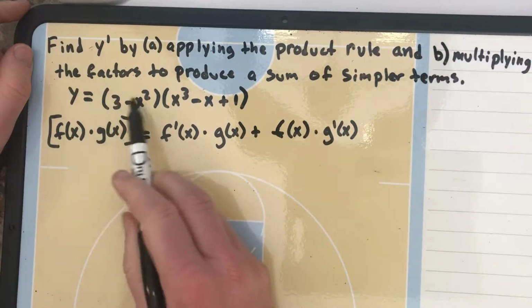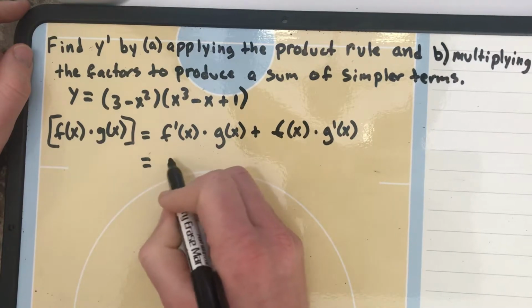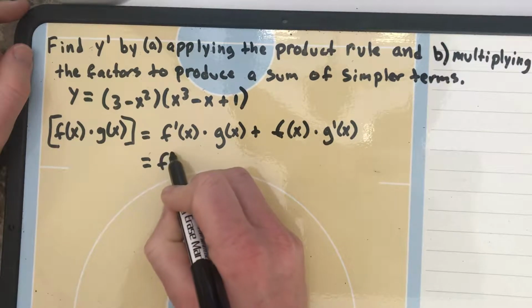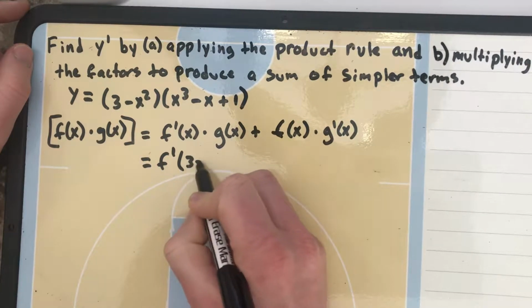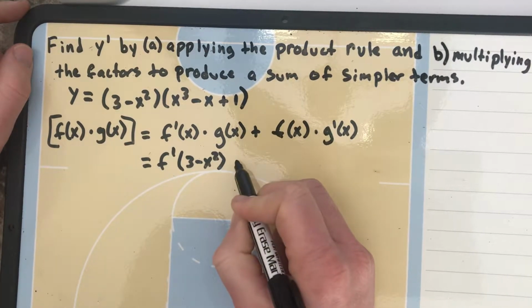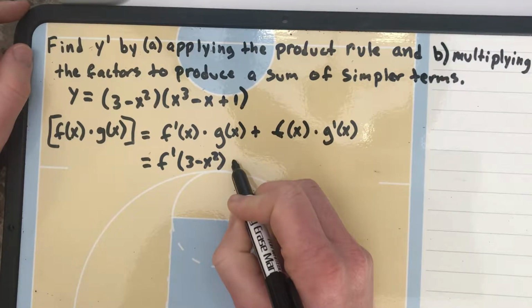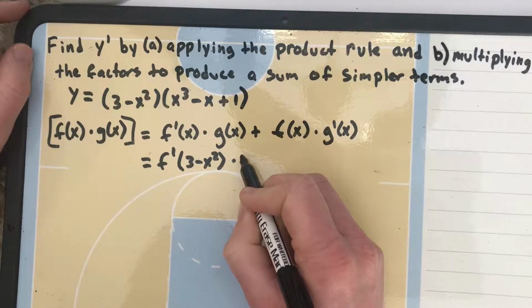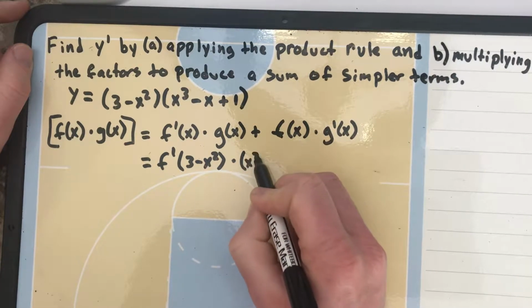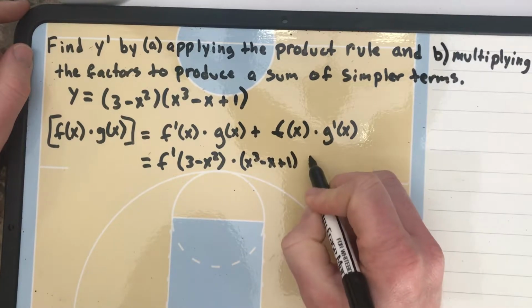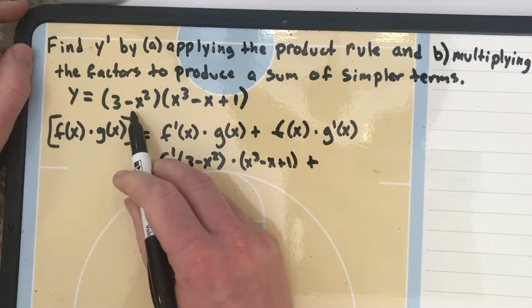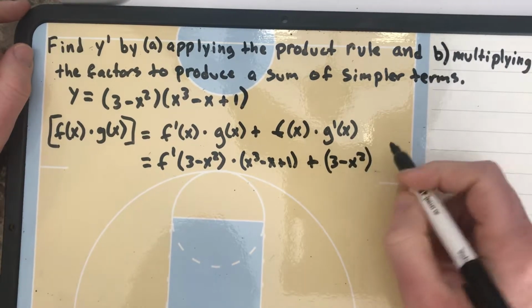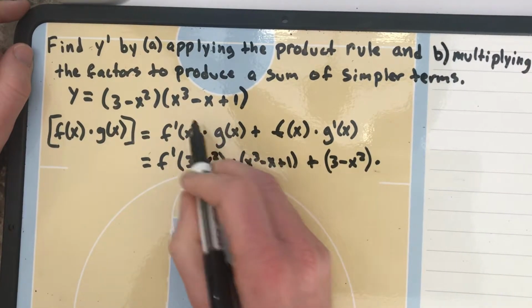I'm going to take the derivative of this first function. So I want to say f prime of 3 minus x squared times g of x, which is just this regular function, which is x cubed minus x plus 1, plus this other function, which is the original function of x, f of x, which is 3 minus x squared, and that's going to be times the derivative of the second function.